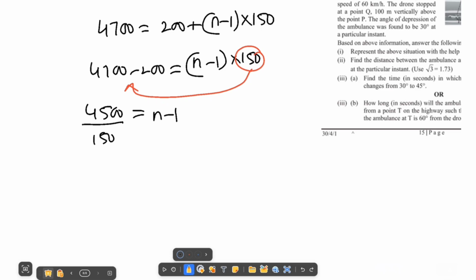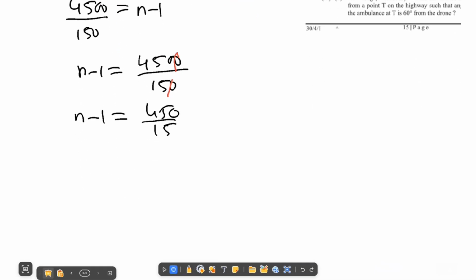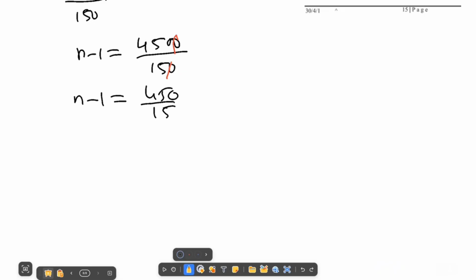So the 0 0 gets cancelled. Now n minus 1 is equal to 450 by 15. Let's cancel. 15 ones are 15, 15 threes are 45, and 0. So n minus 1 is equal to 30.